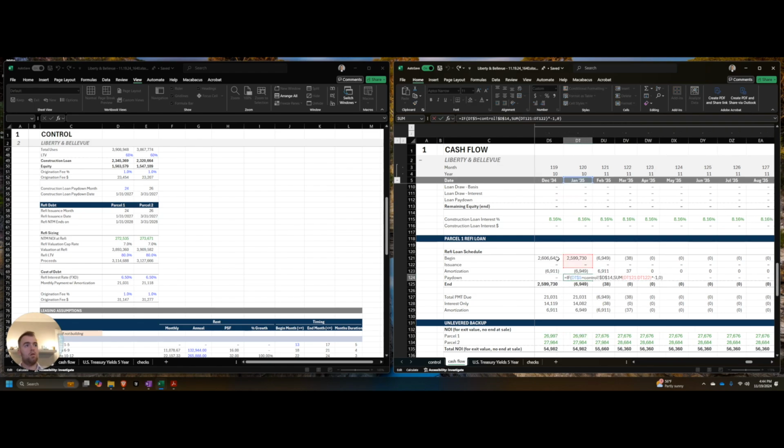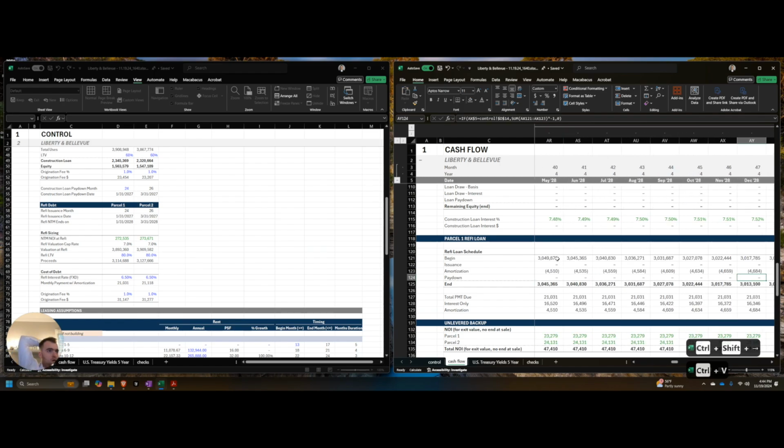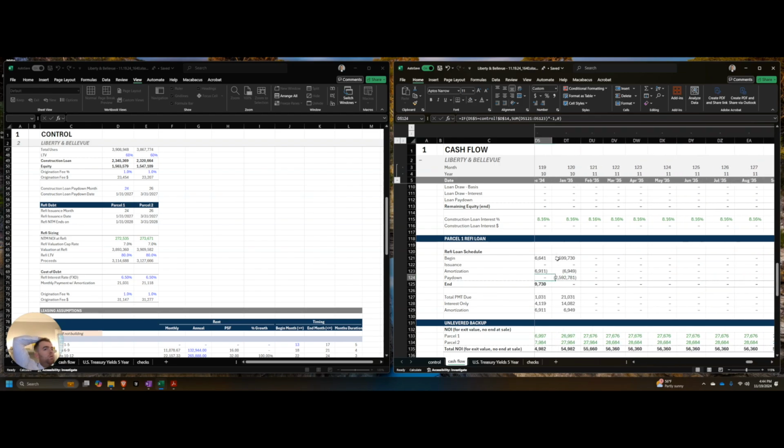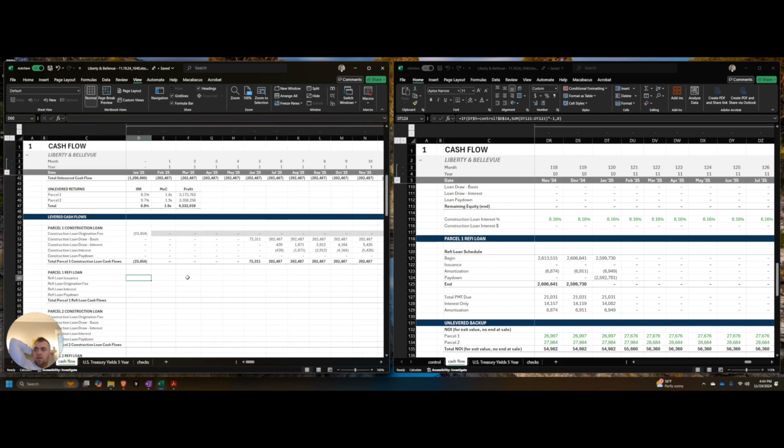And that's just going to be the sum of net 23. I need to include the amortization in that. And that goes away. Cool. My refi ends at a zero balance, which is what you want to see.